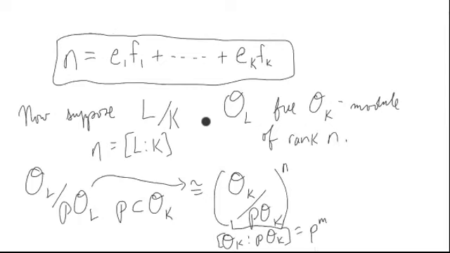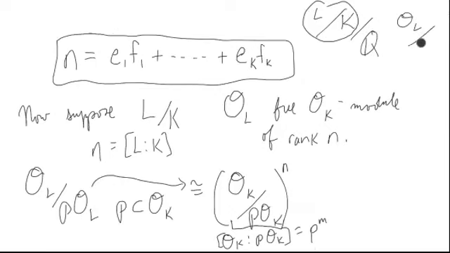Okay. So that's that one subcase of this idea. Now let's beef it up a little bit. We were considering the extension K over Q. But what if we go a little bit further and look at an extension like L over K? Maybe we have primes in OL, and maybe those primes lie over a prime in OK.